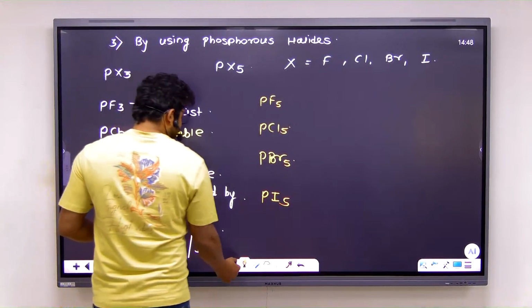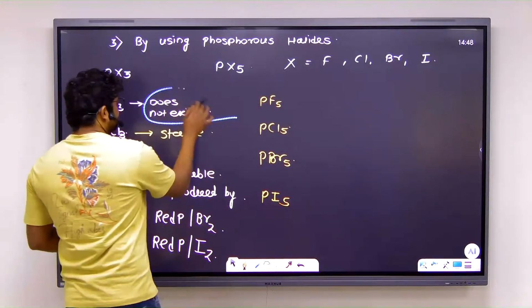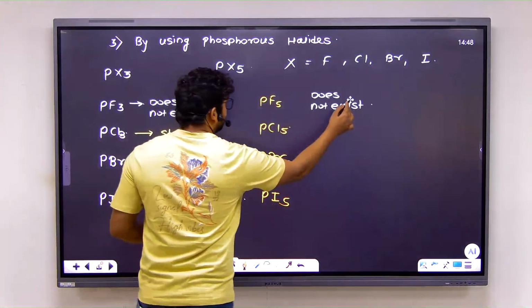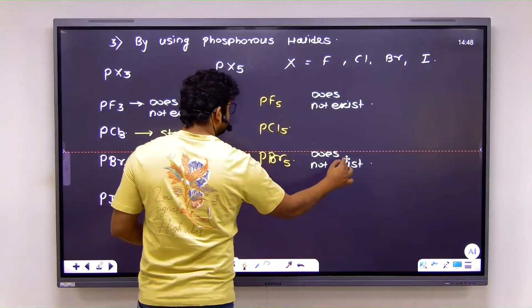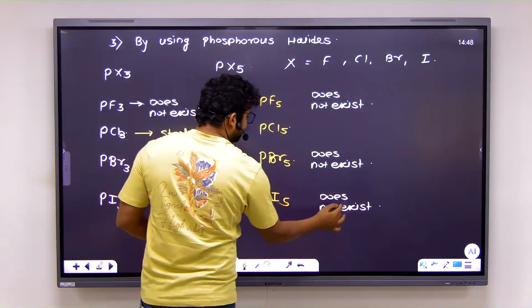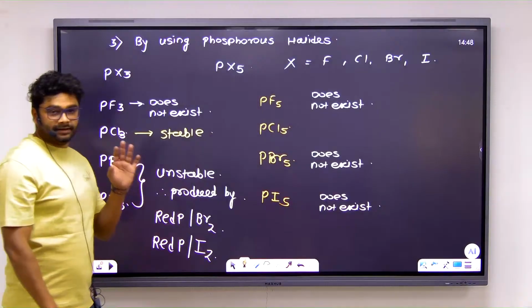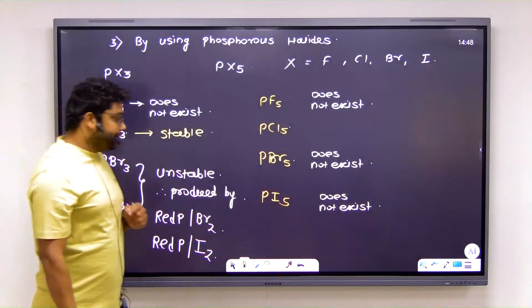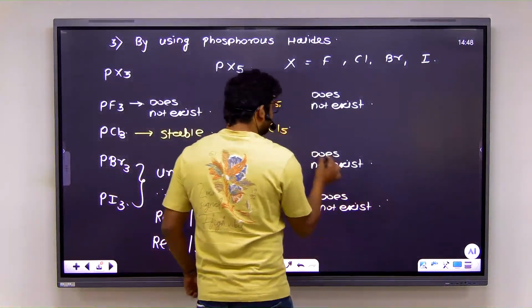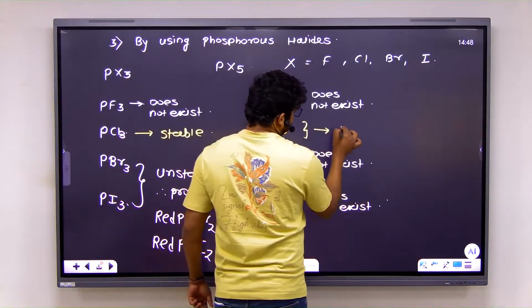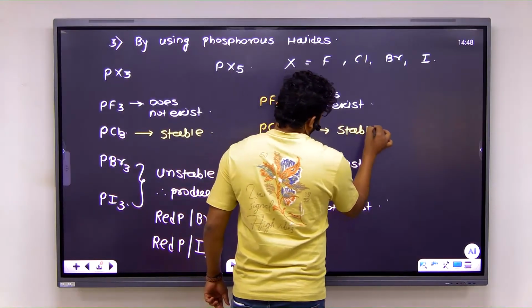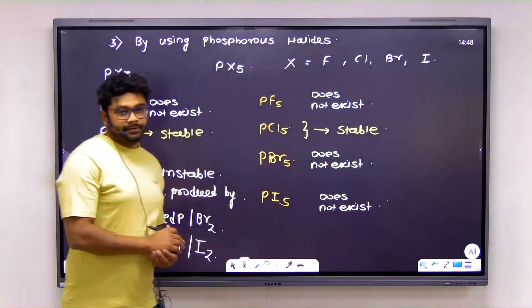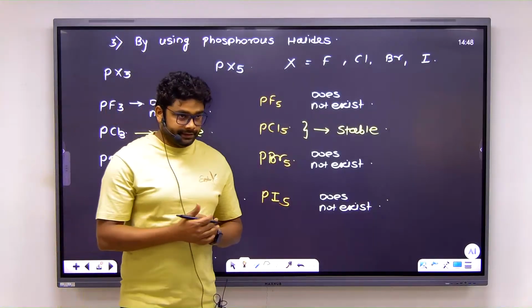Out of these, the pentaiodide does not exist. The only stable one here among the pentahalides is what? Phosphorus pentachloride.